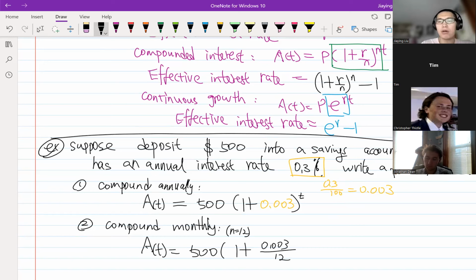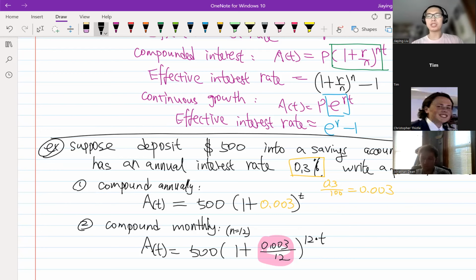So divide by 12. The way I look at it is always this part, the rate divided by n, gives us the rate for every month, right? So what is the rate for each month? Well, we take the annual rate divided by 12, we get the rate for every month. And then we're going to raise to how many months we have, which is the same thing as 12 times t, because t is the number of years.